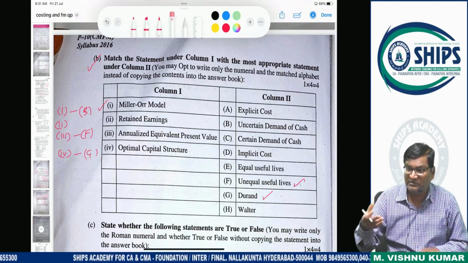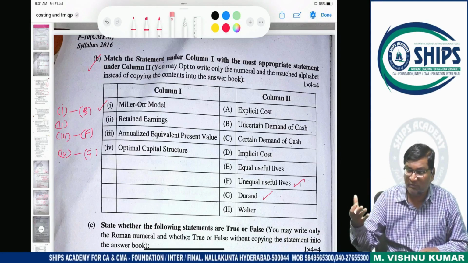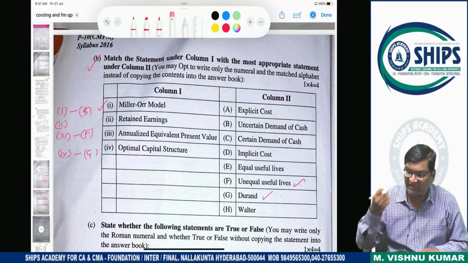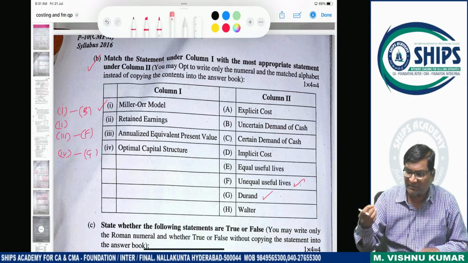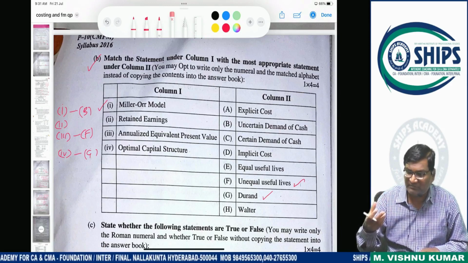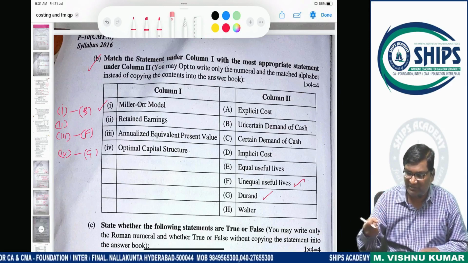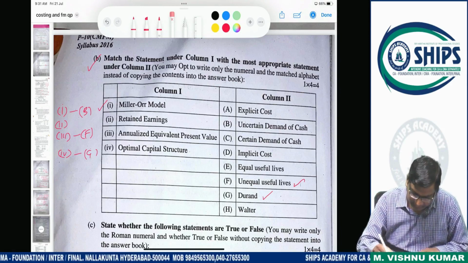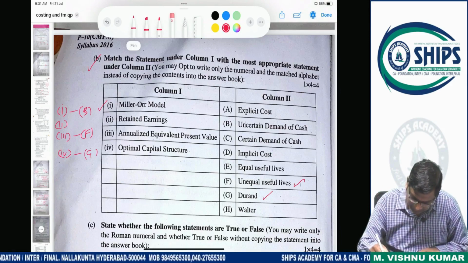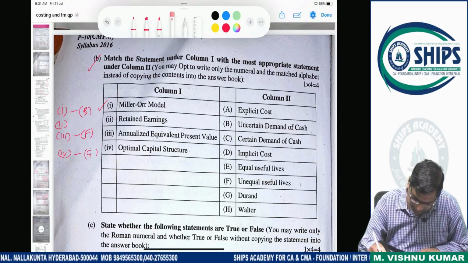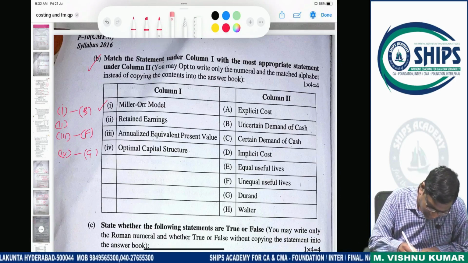Actually we will not pay the cost on retained earnings, but in financial management, for every source of fund there is a cost, either explicit or implicit. So retained earning is an implicit cost. So answer is D. So second answer is D.